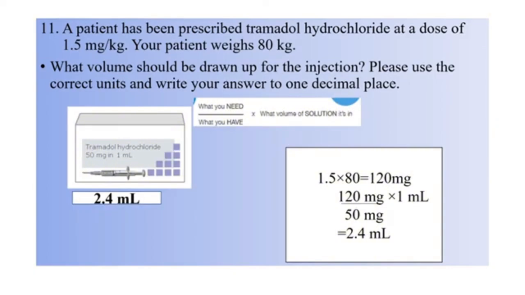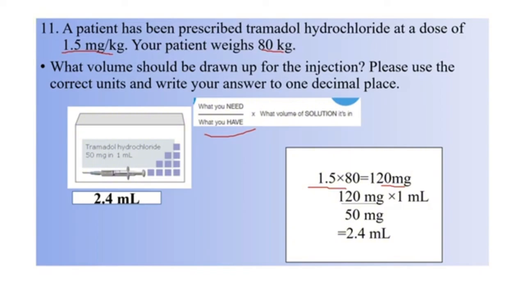So your prescription is 1.5 mg per kg and the patient weight is 80. First you have to calculate the total dose the patient needs. If you calculate 1.5 times 80, you will get the total dose of 120 mg. And again you have to use the same formula.